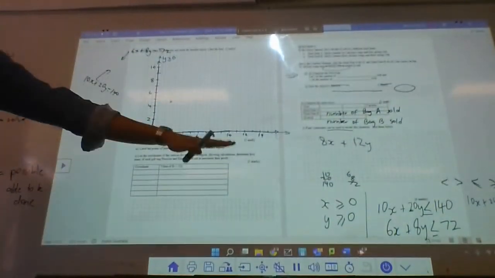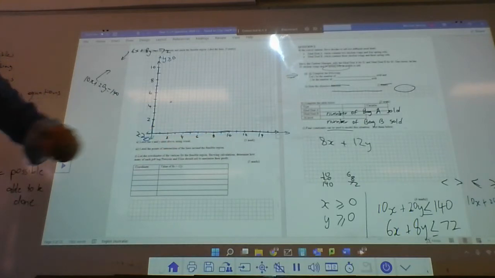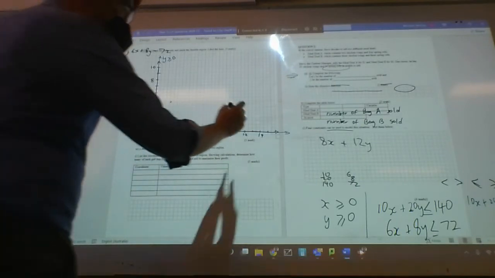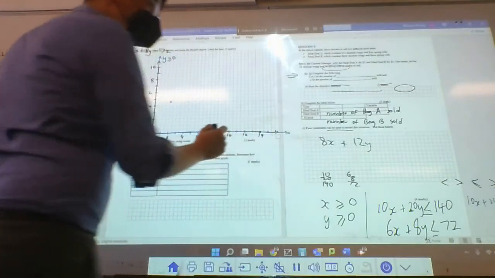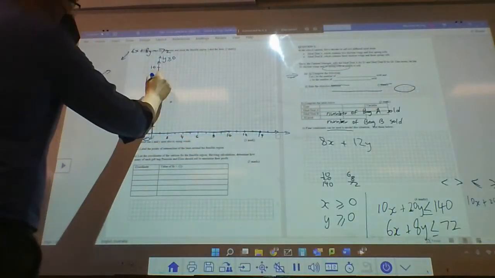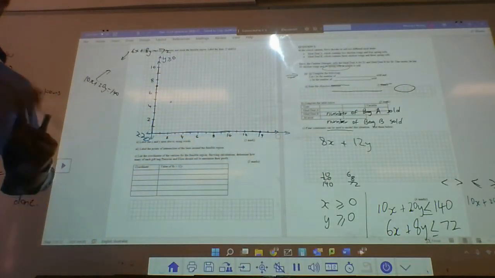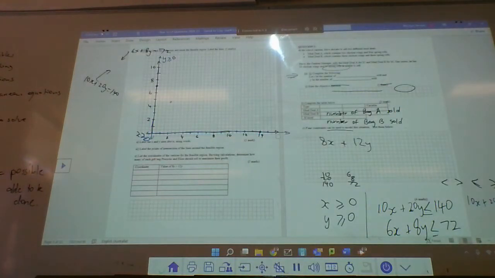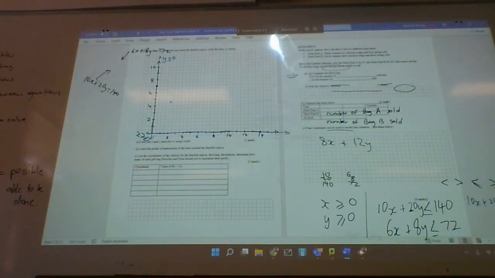So we now mark those points on our graph. X-intercept is 14. Y-intercept is 7. And then join the points together. I'm going to need to find a ruler. I didn't bring that. Oh, there's one right next door, so I'm just going to grab one from next door.